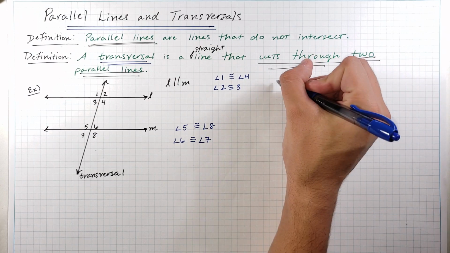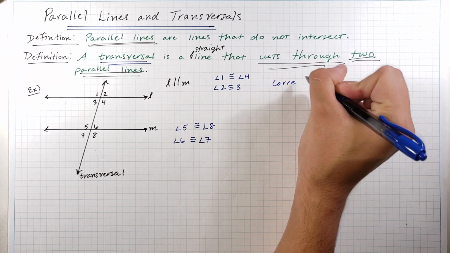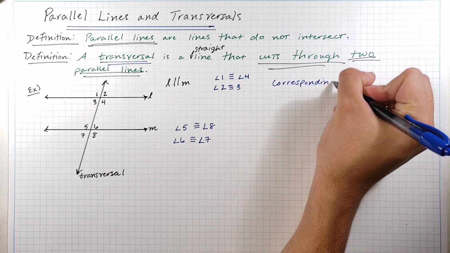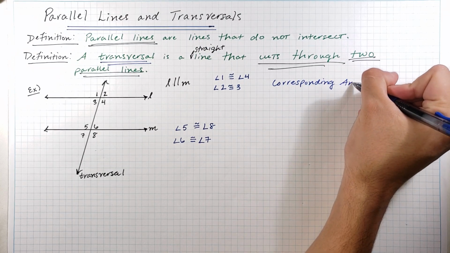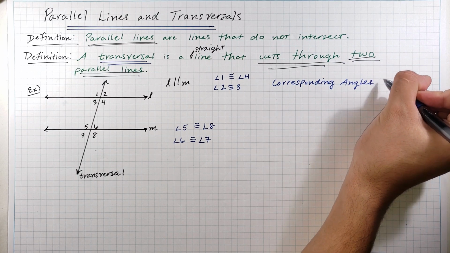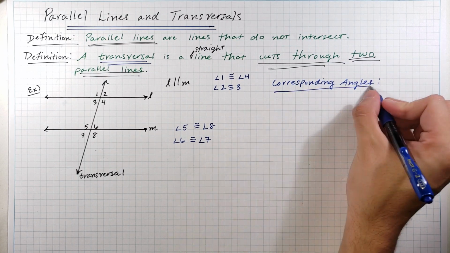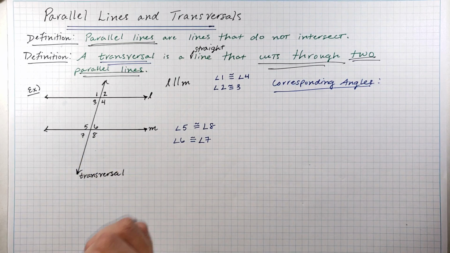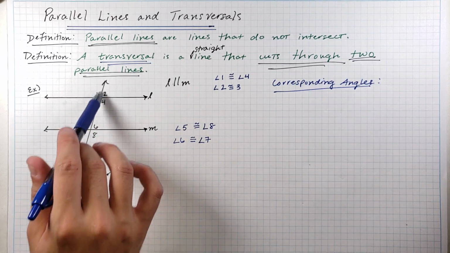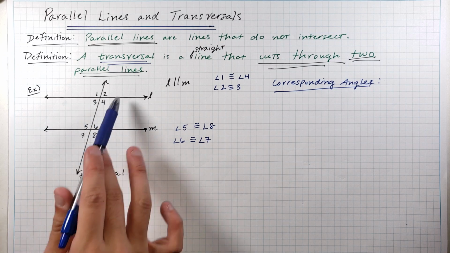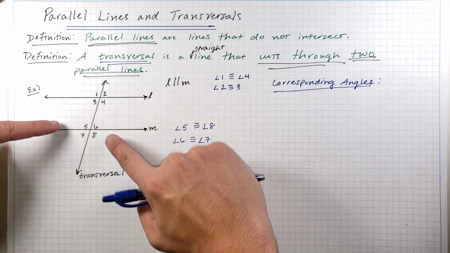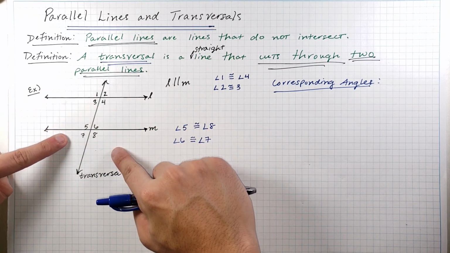All right, so maybe I'll put it right here. Corresponding angles. And what corresponding angles are in the case of transversal and parallel lines, corresponding angles are just the angles in each one of these where it's located in the same spot.